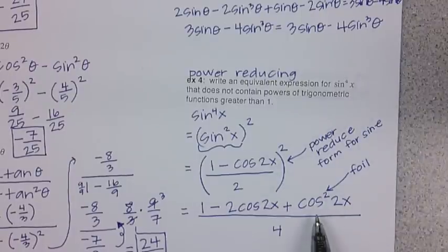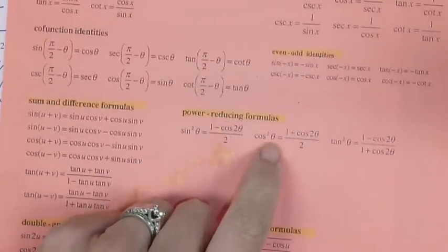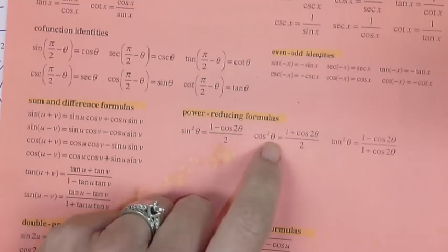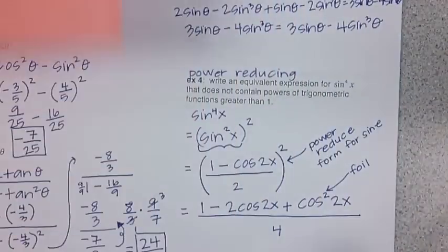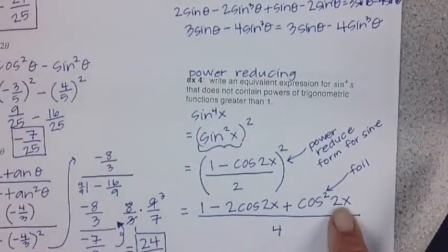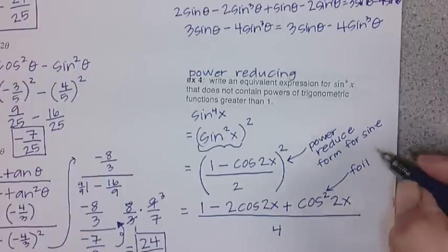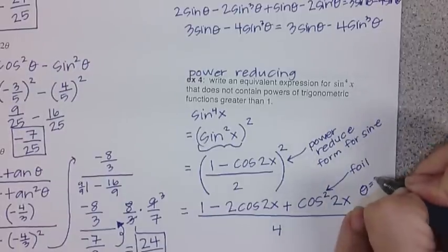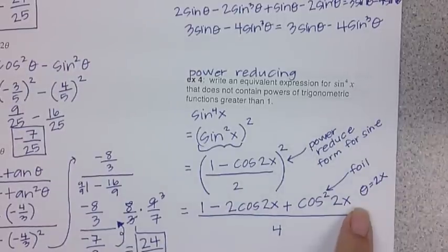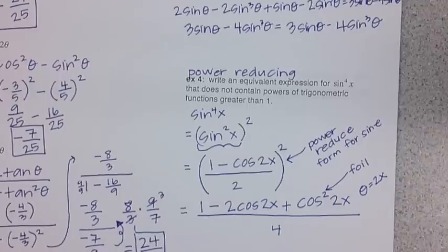But now we're going to have to use the power reducing formula for cosine, and this is where we have to be careful, because if you look at the power reducing formula for cosine, the angle that we're given is just a single angle, versus in our problem here we have 2x. So our theta equals 2x. So just keep that in mind when we go to use the formula and you see the next step.